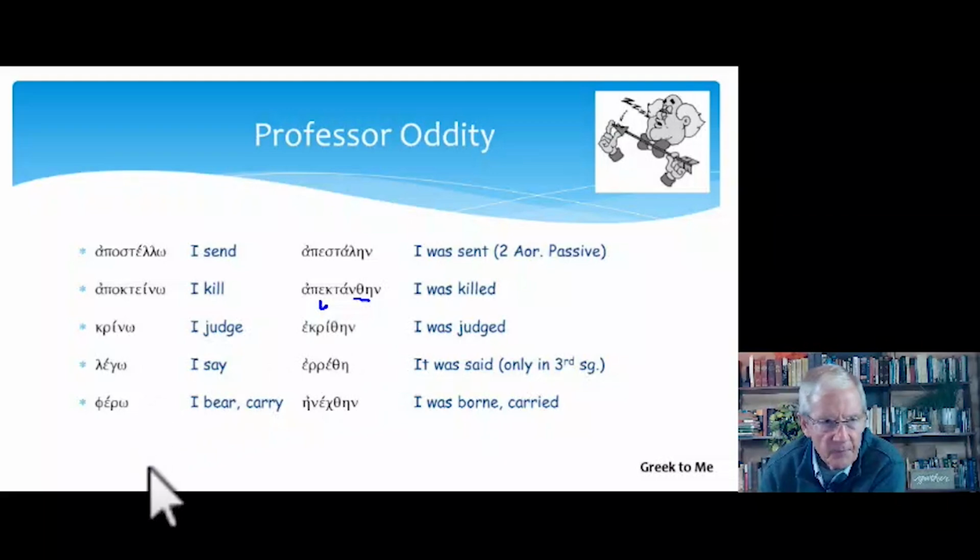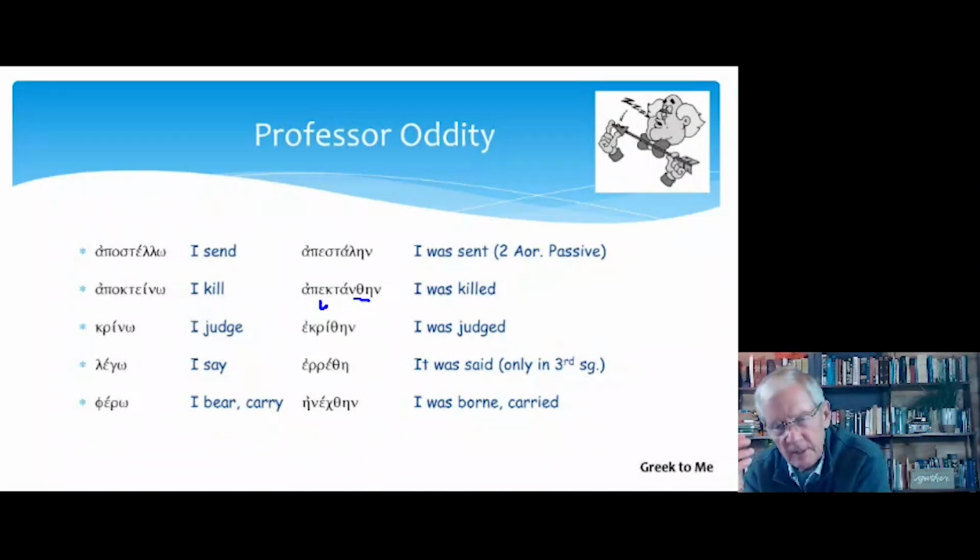So I was killed. Krino, I judge, becomes ekrithane. The nu drops out here. So we have our augment, theta eta, first aorist passive indicative first singular, I was judged. Lego, I say, and the aorist passive of this is only found in the third person singular. It's pronounced erethe, erethe. It was said. For instance, Jesus says in the Sermon on the Mount, it was said.